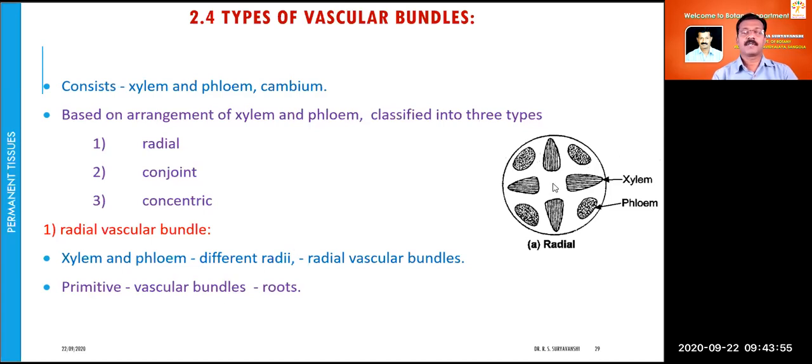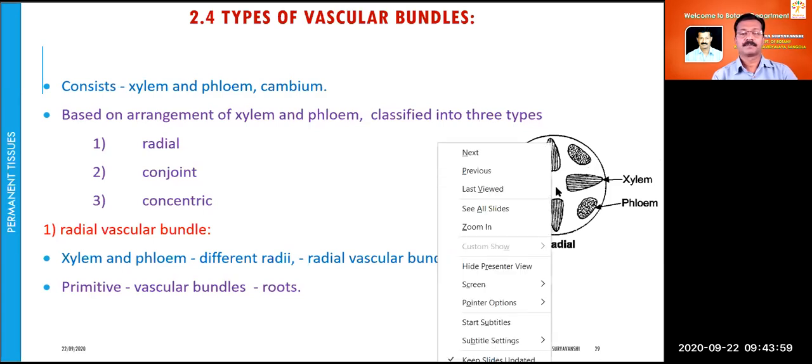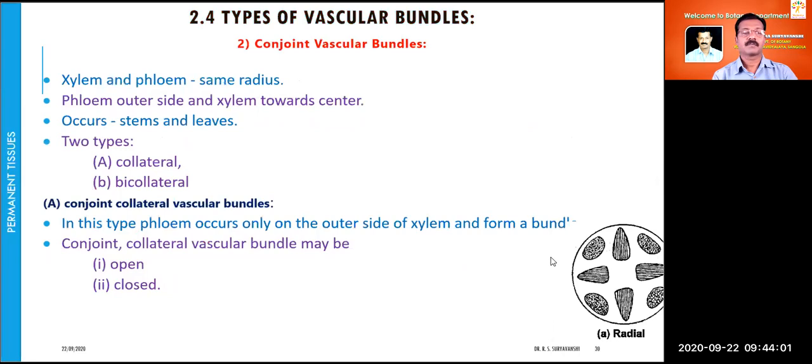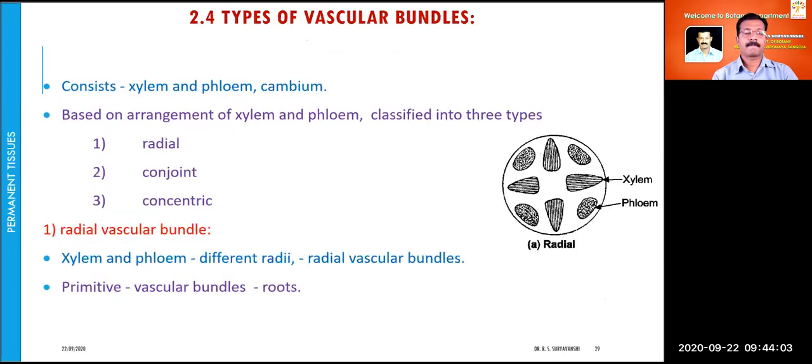For example, if we consider this one is the center in the figure, then from this center, if we consider any of the radius, suppose from this to this one is a different radius, and this one is a different radius.